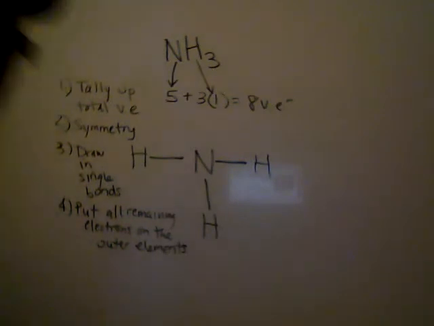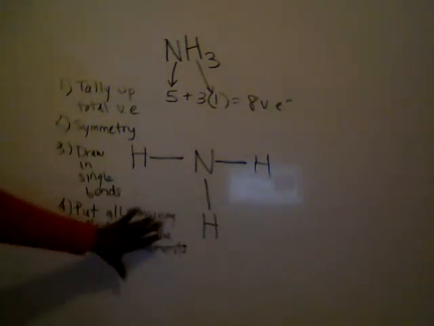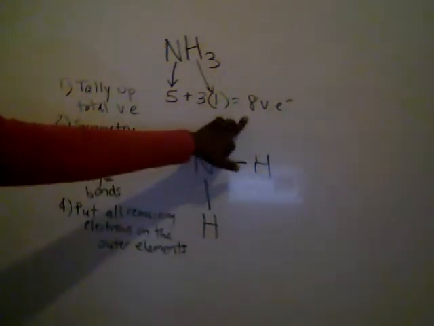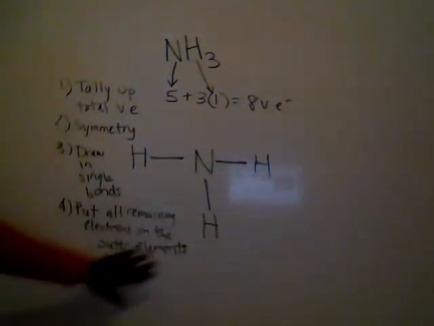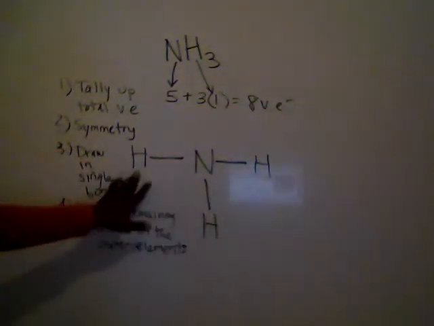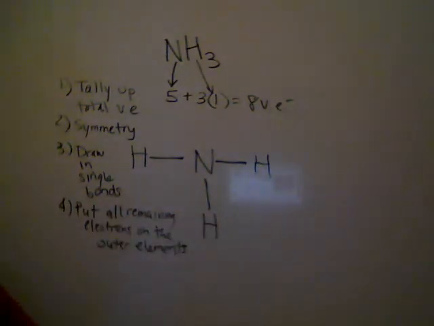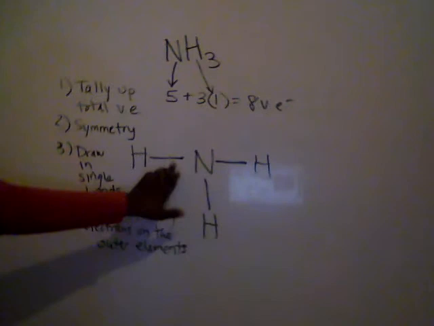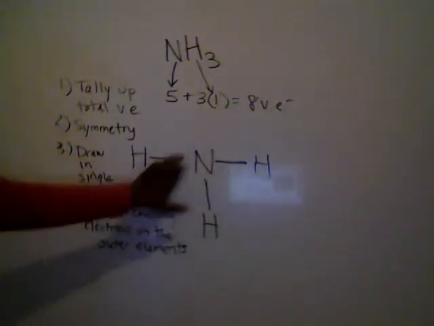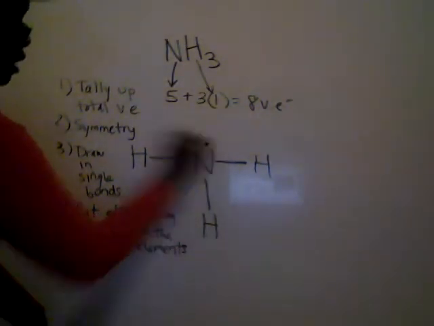So what that means then is, once we draw those single bonds, if there are electrons left over, and we know how many electrons we have to work with because that's step number 1, if we have electrons left over, we're going to put those on the outside ones, so not the one in the middle. In our case, the ones on the outside are hydrogen, so we don't need to put any additional electrons on them. They're already fine. So those 2 electrons we have left over, remember we said 2, 4, 6, we had 6 we used up. Those 2 extra electrons that we have left over, we're just going to dump them right here on the nitrogen. Okay?